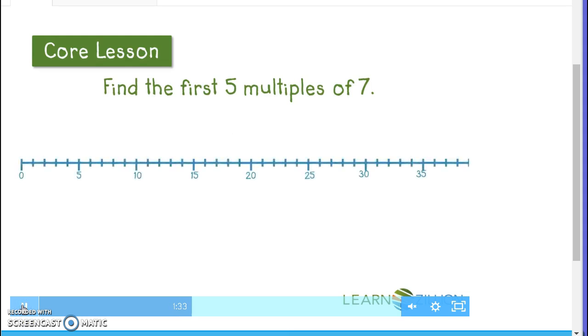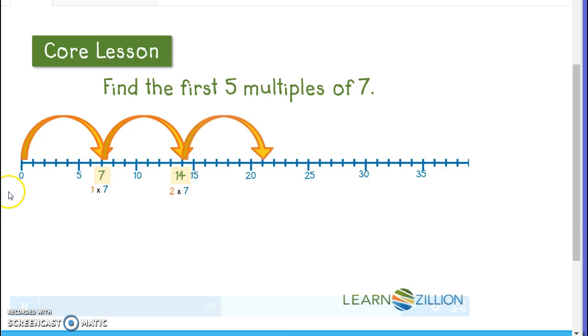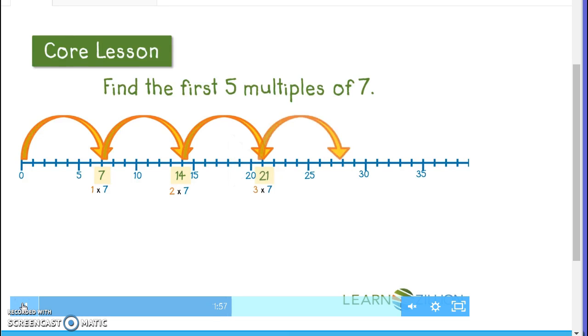Alright, so finding the first 5 multiples, you can do a number line like this, or, which I'll show you in a second, you can just write the numbers out. But let's see, so if I'm counting by 7s, so I wrote out a whole number line and I'm counting by 7s, I went 7, 14, 21, and then my next one would be 28, and then the last one that's going to be on the number line would be 35.